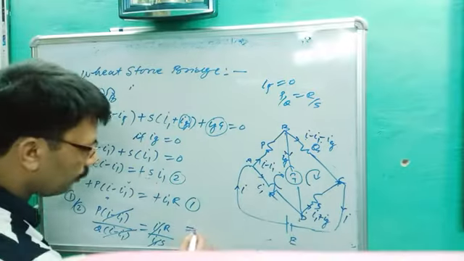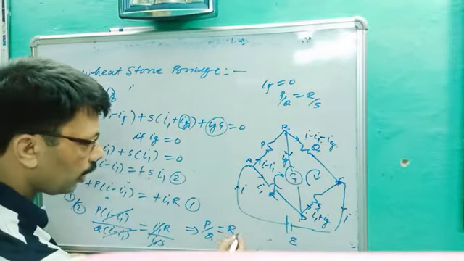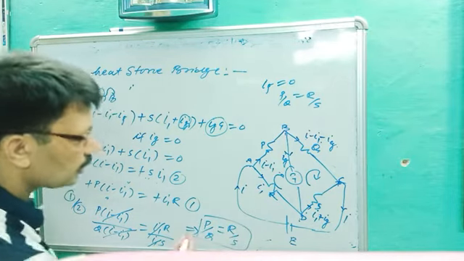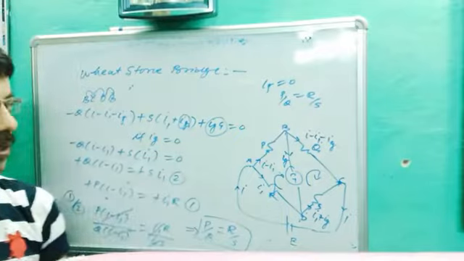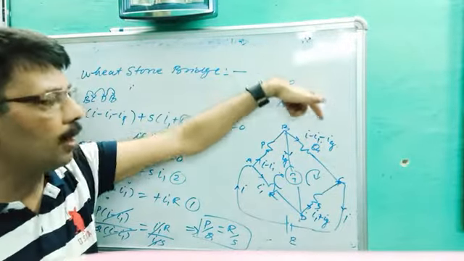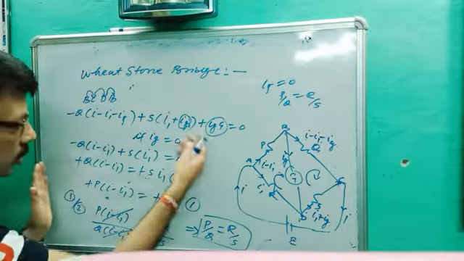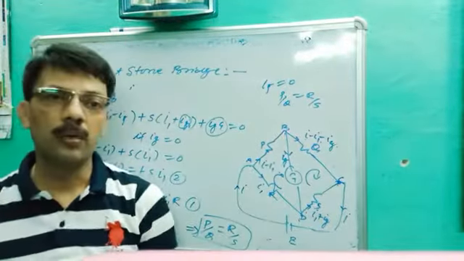So we get P upon Q equal to R upon S. This is the answer for you, and this is all about your Wheatstone bridge. Are you getting the answer? Our case was if Ig is equal to 0, then P upon Q is equal to R upon S. This is called the Wheatstone bridge.